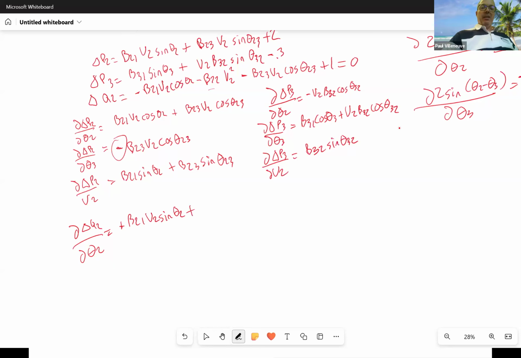And then this becomes plus B23 V2 sine theta 23. The partial of Q2 with respect to theta 3, only going to be one term, and that's here. So that becomes negative B23 V2 sine theta 23.